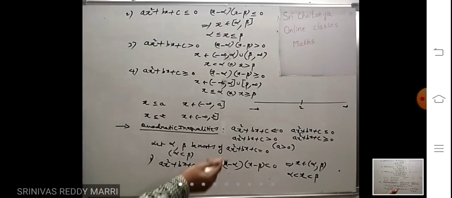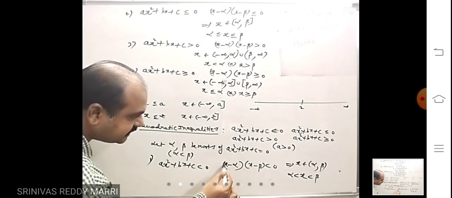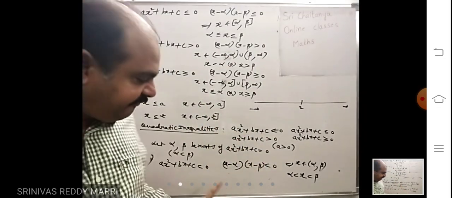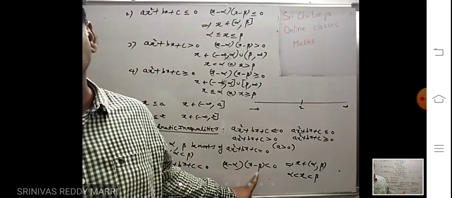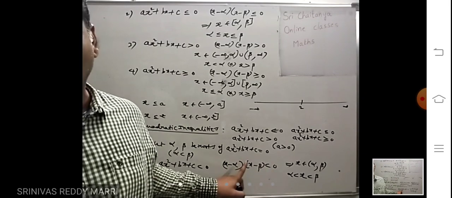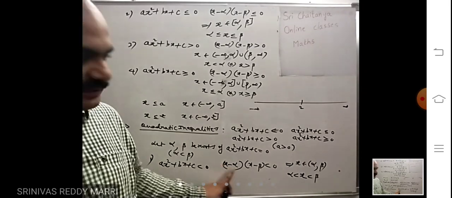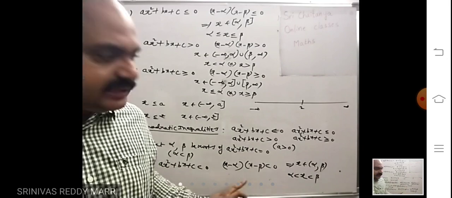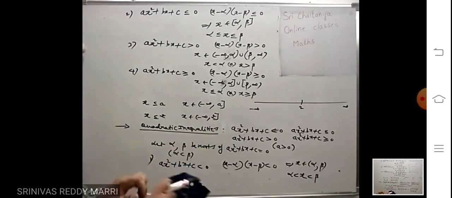Always look at the number before x in the factors. Before x a positive quantity must be there. If a negative is there, take minus common, because this formula I have given holds only when they are positive.